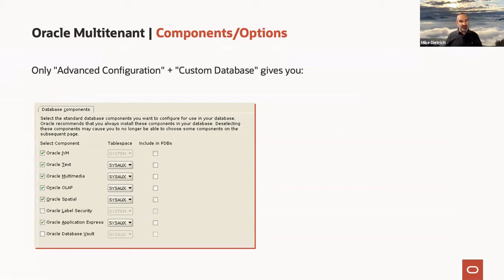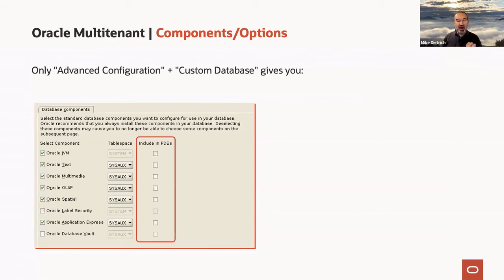And the first thing to take care of here is you have choices to say include in the select component and include in PDBs. And what does that mean? First of all, include in PDBs means if, in my example, I have Java, text, multimedia, OLAP, spatial, and Apex in the root container, I wouldn't have it in the PDB$seed if I click forward this way.